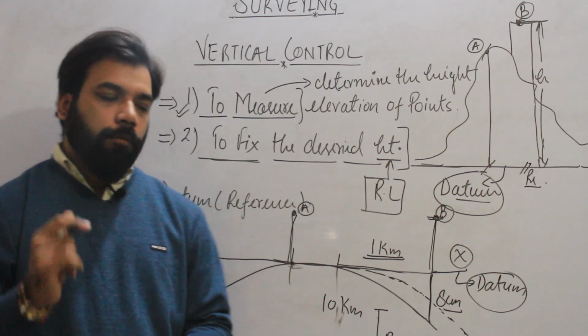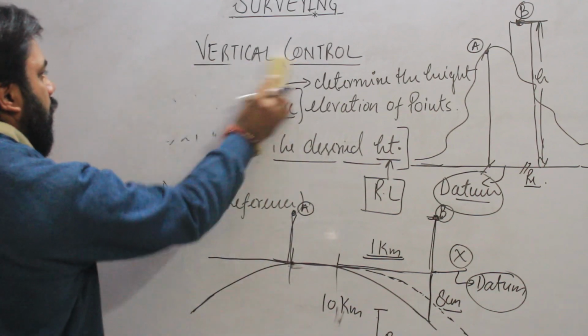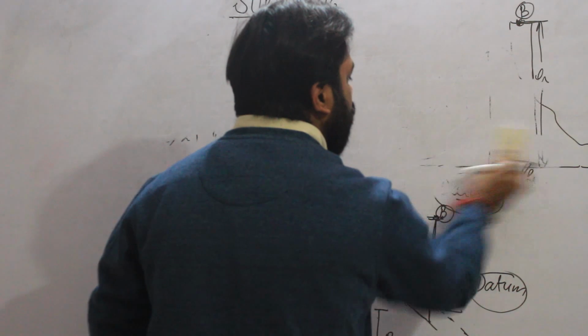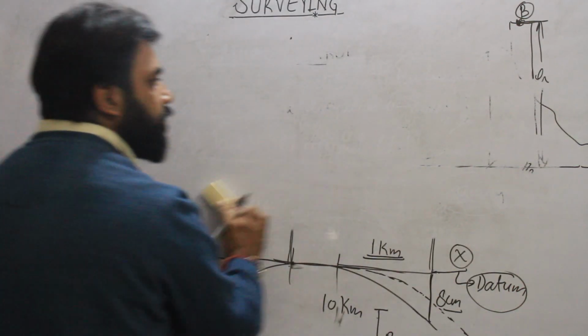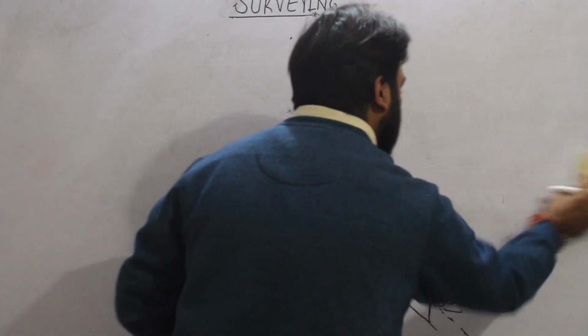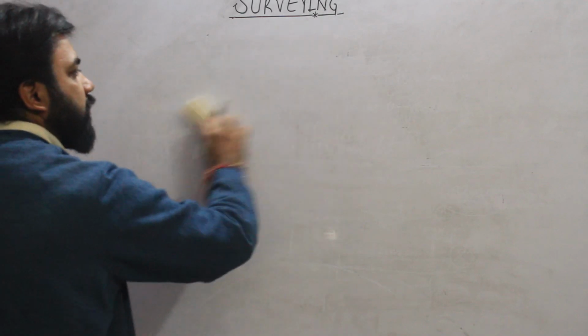Okay, now we will see it with another example, or we will see how this curvature of earth plays a role in defining the vertical controls. Now we are understanding it with some other example.